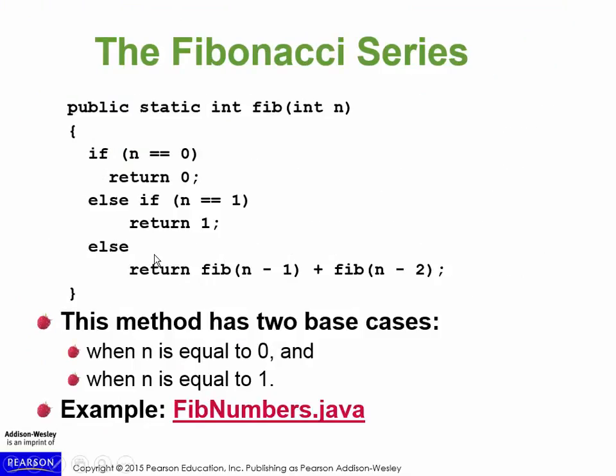Pretty simple algorithm. If n equals 0, return 0. Otherwise, if it's 1, return 1. Otherwise, just add the two previous ones to get the current one.